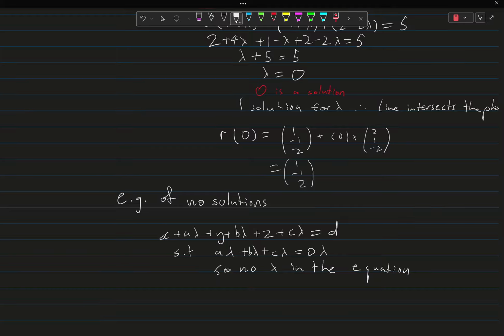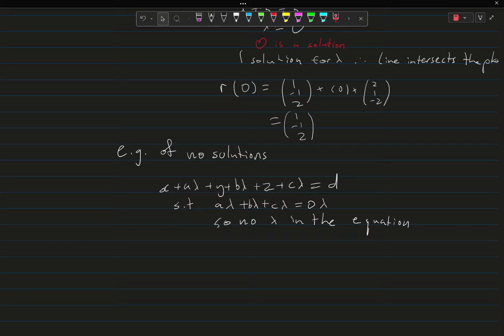Yeah. But you would have to check if the starting point of the line was in the plane or not, because if it was, then it would mean it lies in it, and if it's not, then it would mean it is parallel to it. So this doesn't actually tell us which of the options it actually is.